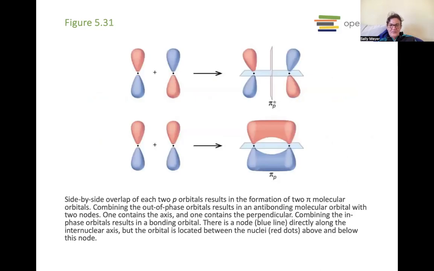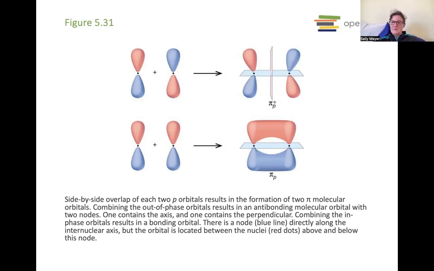Same thing is true for pi bonds. You can think of them as the overlap on the bottom. If you have the signs in the same direction, then you're going to get a pi bonding orbital. Whereas if you flip one, you're going to get a pi anti-bonding orbital because the red and the blue will overlap destructively. And so you'll have a nodal plane between the nuclei, which means you'll have a region between the nuclei where there's 0 probability of finding electrons, which means there just isn't any glue.